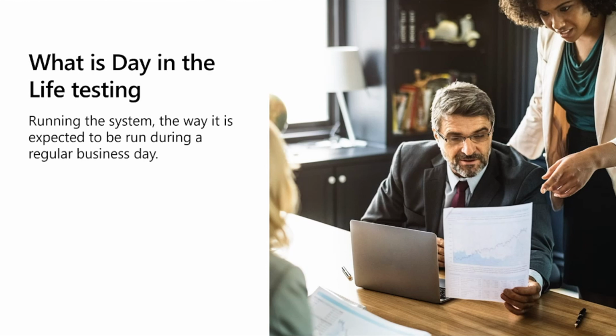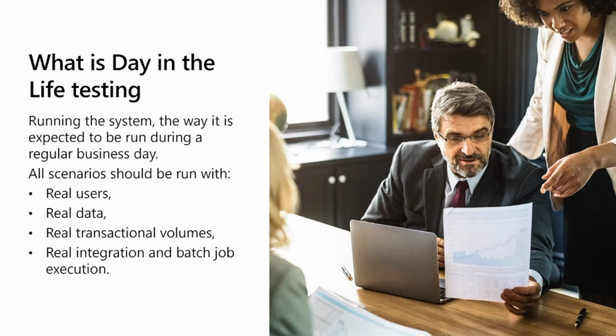You are trying to understand how the processes work together, if there are any dependency issues, any critical issues, and any conflicts between the processes when they work together. Therefore, you need to verify the system function completely and check that all of it runs as expected in the daily business operation scenario. So you need to run the system the way you really expect it to run during a regular business day, with all the scenarios you expect in daily operation.